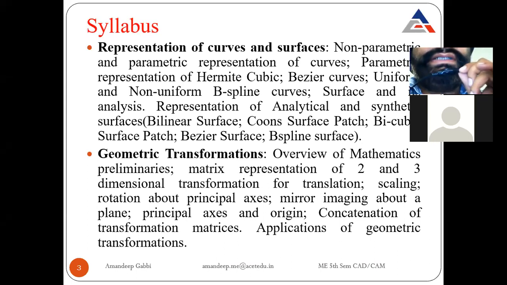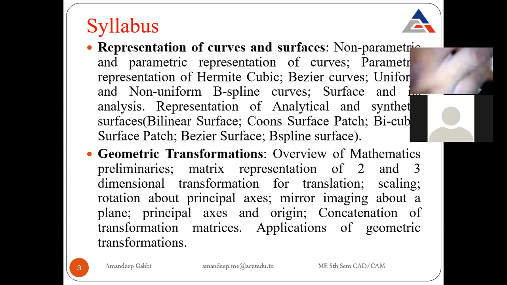And after this, the next chapter, fourth chapter, is geometric transformation. It is basically whatever you use as a mirror image, mirror command, you use that copy command, we use zoom in and zoom out. How is it done? It is with the help of geometric transformation. So in this we are going to study about the translation, scaling.